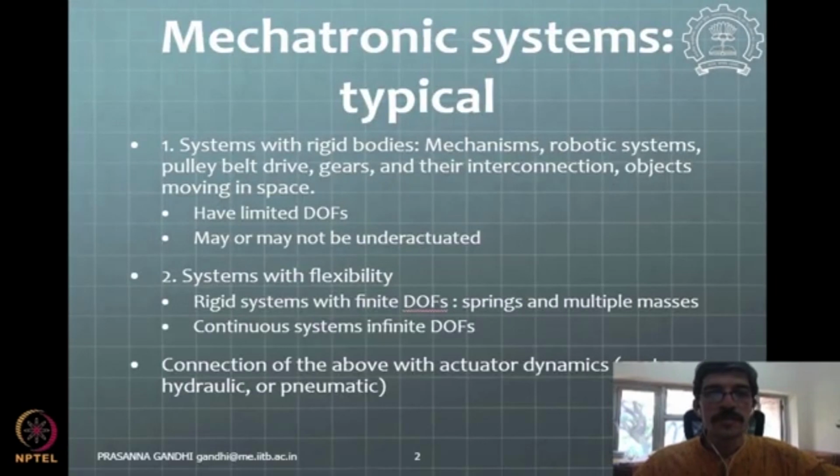Typical systems that we'll encounter in the domain of mechatronic systems are rigid body systems or rigid systems with flexibility. Rigid body systems may have single or multiple rigid bodies and single or multiple degrees of freedom. Typical examples could be mechanisms, robotic systems, belt-pulley drives, and so on.